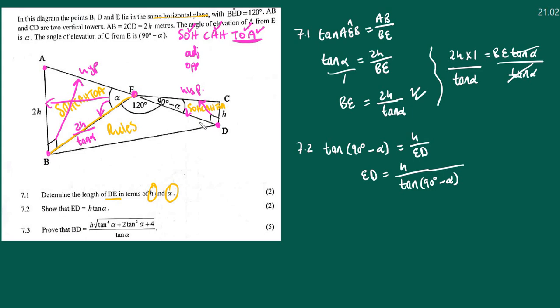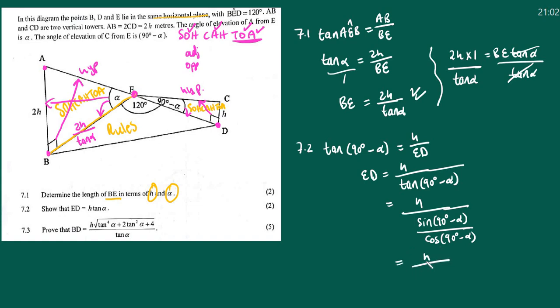Yes? Sir, don't we convert it to sine 90 minus alpha over cos 90 minus alpha? Yeah, exactly. So we do have to write this as sine 90 minus alpha over cos 90 minus alpha. Perfect.